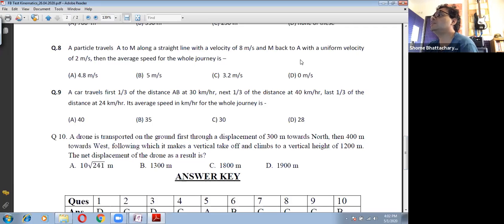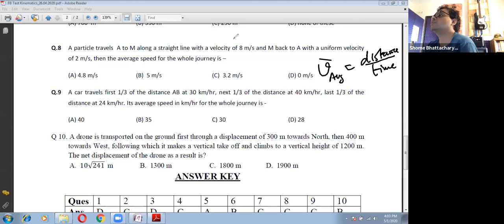So the formula you will use here for average speed can be this. So V average is equal to distance upon time.